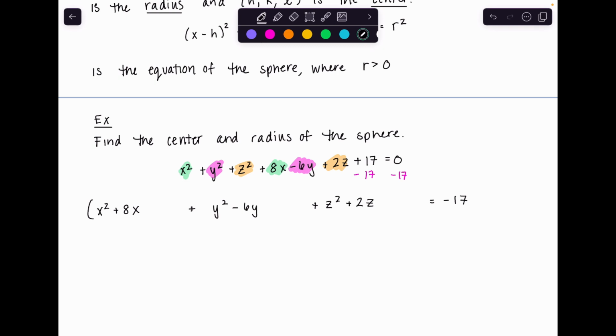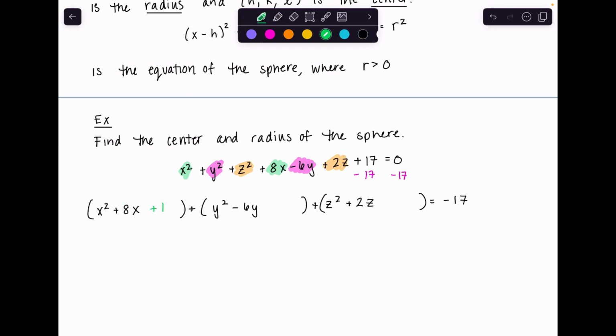So I'm going to go ahead and group these. I don't have to factor anything out, thankfully. They all have a 1 in front of that squared component. So what I need to do is add a number here so that it's a perfect square, and it's going to depend on that coefficient in front of x. So I take this number 8, divide it by 2, which is 4, and then I square it.